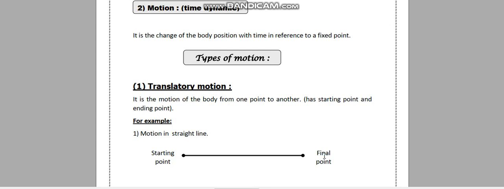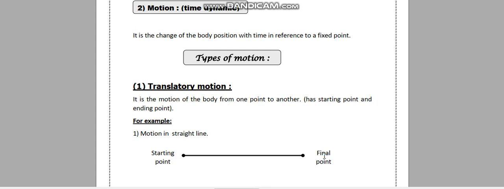You can see any motion around you as a translatory motion, like when any car moves from one point to another. When you play with your friends and you throw a ball to one of your friends, the ball started its motion from you and ends its motion at your friend. So this is all called a translatory motion.